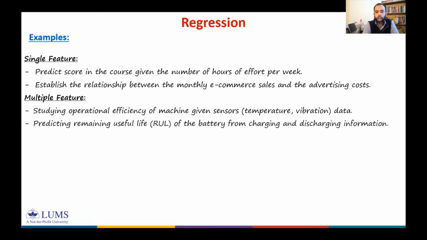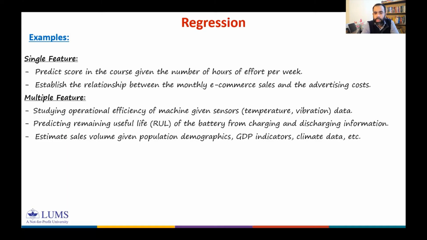It could be predicting the remaining useful life, RUL, of a battery from charging and discharging information. So you have information about the charging and discharging cycles of a battery, and you want to predict the remaining useful life of the battery. In fact, we are doing research in the department on this topic.